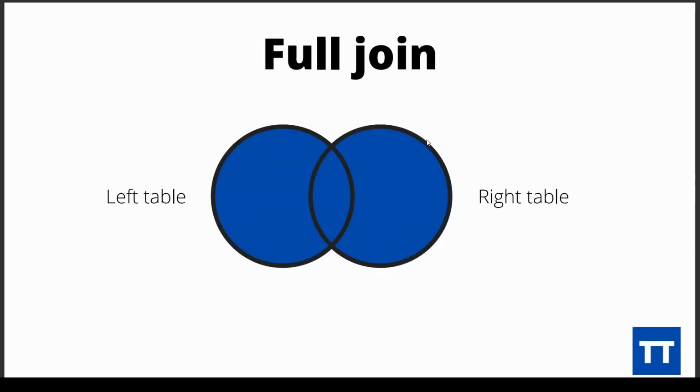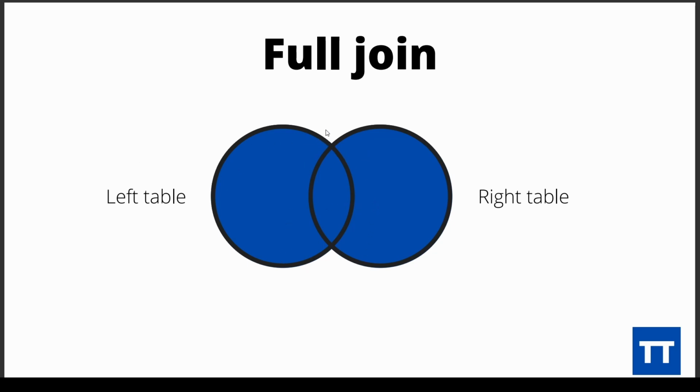And then the fourth type of join is a full join. So in a full join, we return essentially three groups of rows. First group of rows is a group of rows that is only found in the left table. Then we have a group of rows that's essentially the inner join, so this part in the middle here.